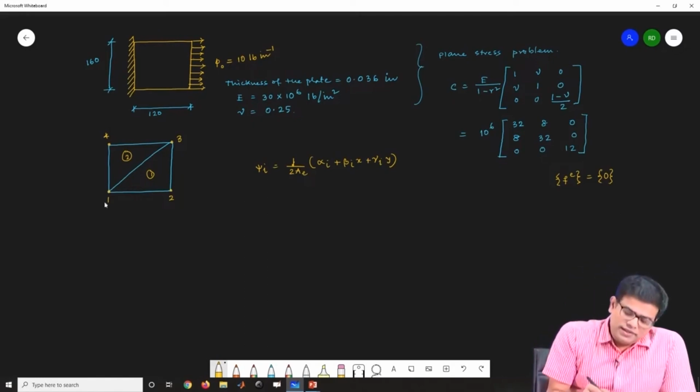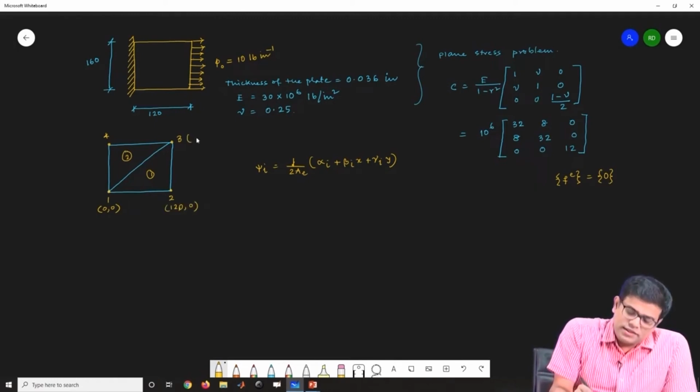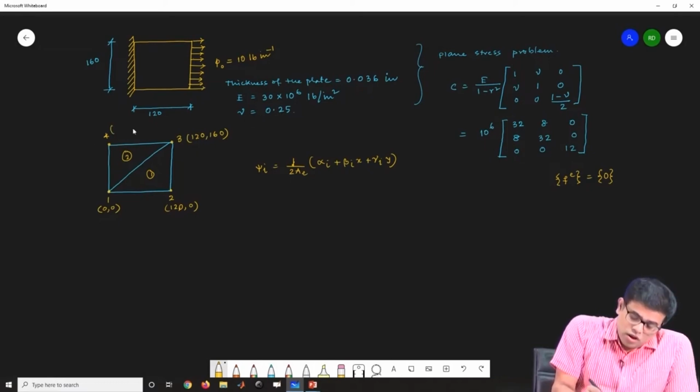Now, we know the coordinates of these points. Let us say this point's coordinate is 0, 0, then this one is 120, 0, this is 120, 160, and this one is 0, 160.